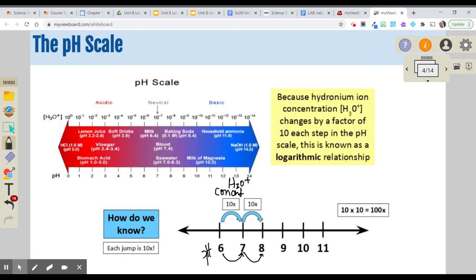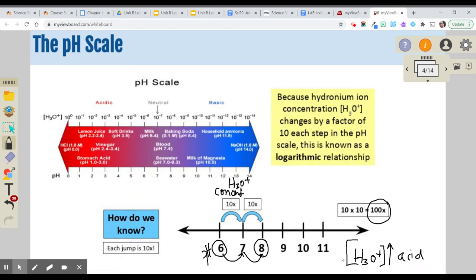Okay, so if you're going up 2 steps in pH, say from a pH of 6 to a pH of 8, or vice versa, the concentrations are going to differ by 100 times. Now, let's think about this. Which way is the hydronium ion concentration going to increase? Hydronium ion directly relates to the pH of an acid, right? Actually, it gives you the pH of everything, but it gets bigger, higher for acids.